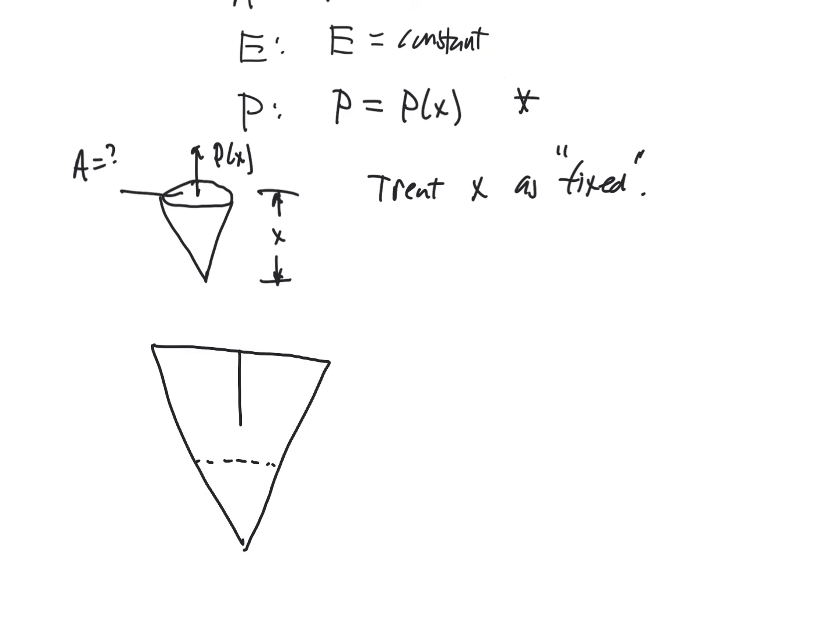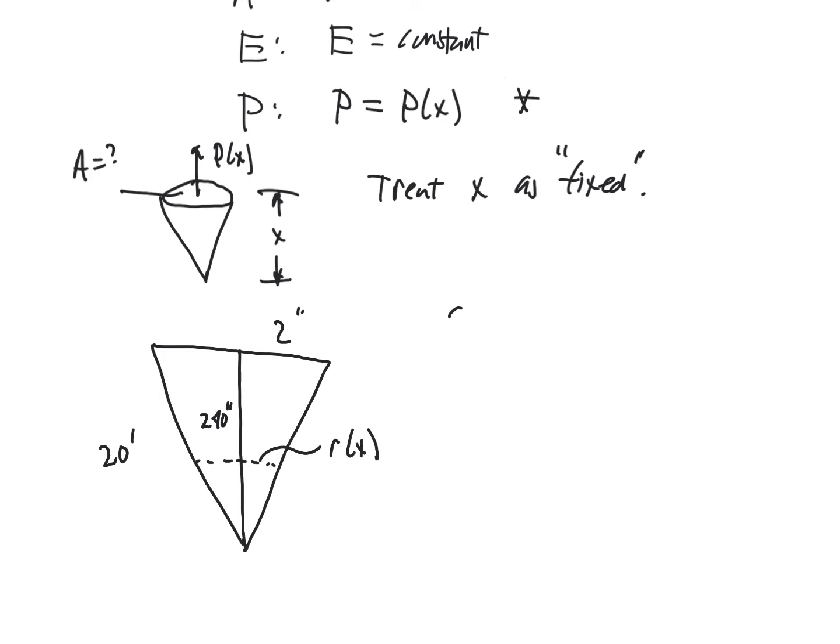Now we can see once again, just like we had compatibility for the rigid link problem, that the radius at our value of x is a case of using similar triangles. The radius up here, which is 2 inches, is to the axial distance, which was 20 feet, so that's 240 inches.